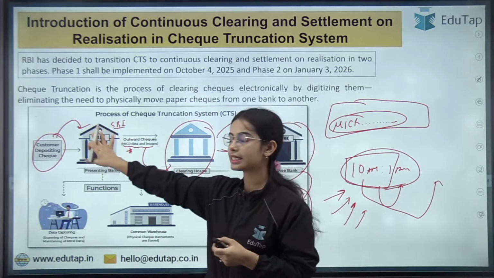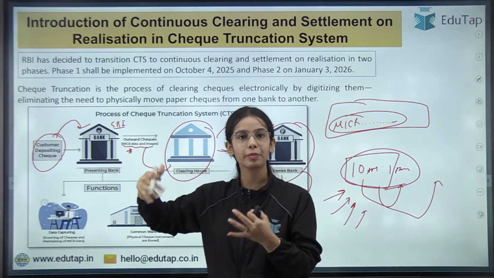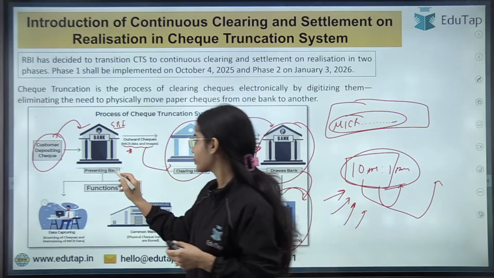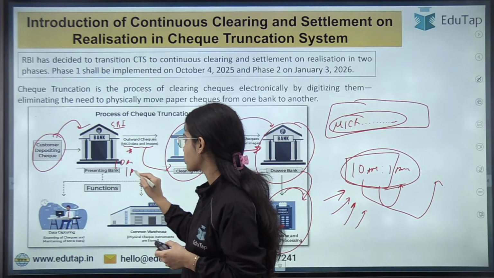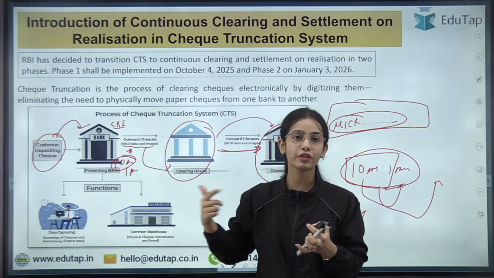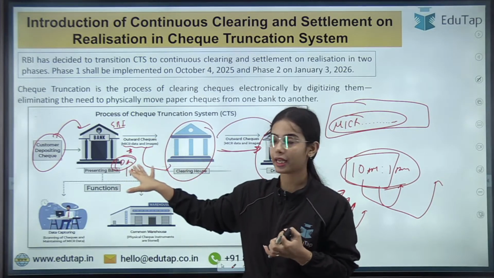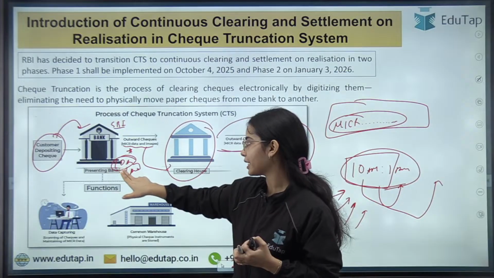The State Bank of India is accumulating the checks from multiple customers in the batch of 10 AM to 1 PM. So even if you are depositing your check at 10 AM, your check will be in this batch of 10 AM to 1 PM.